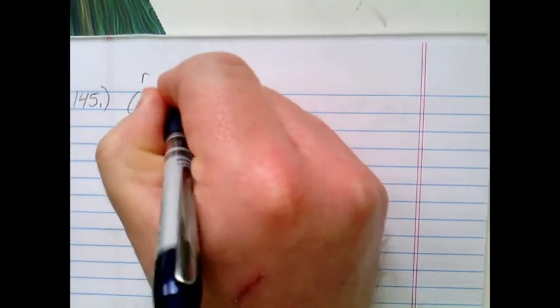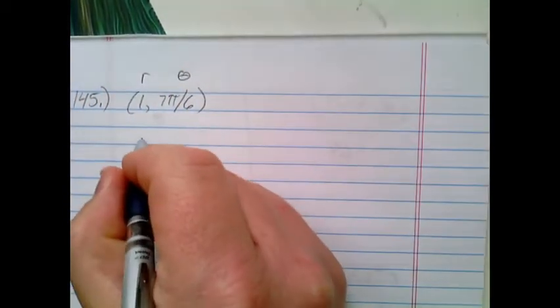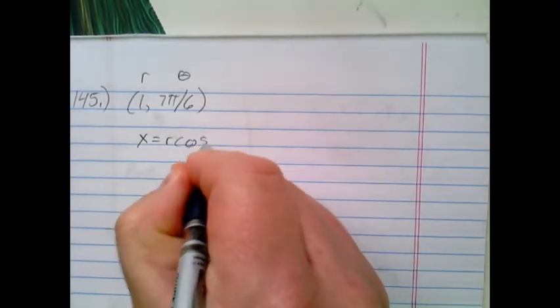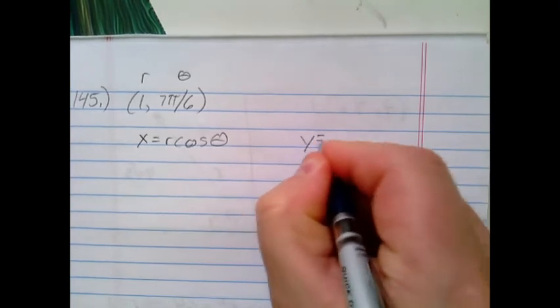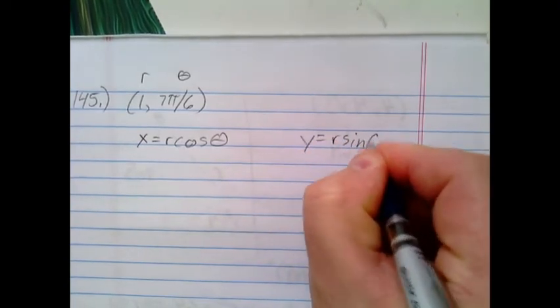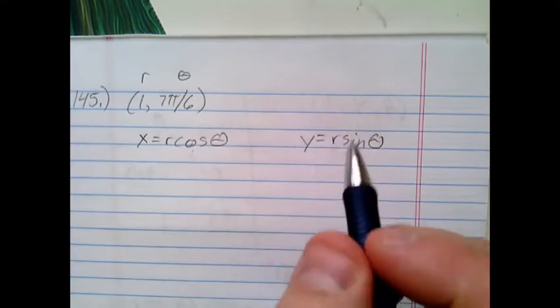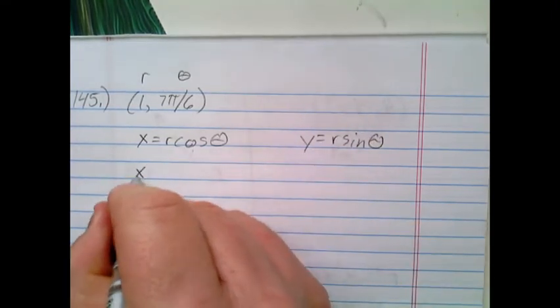Because I know the polar coordinates, I know the values of r and theta, then the formulas that I want to use are x equals r cosine theta and y equals r sine theta. These formulas allow me to plug in polar coordinates and get out rectangular coordinates.